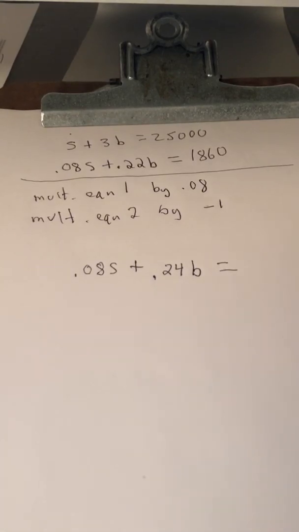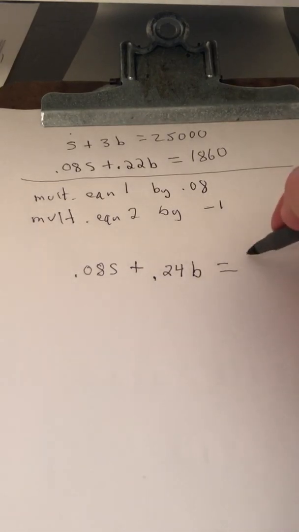Don't forget to multiply the right-hand side by 0.08 as well. And we get 2,000.